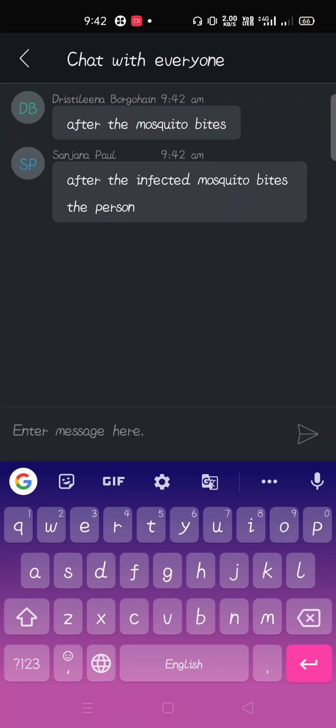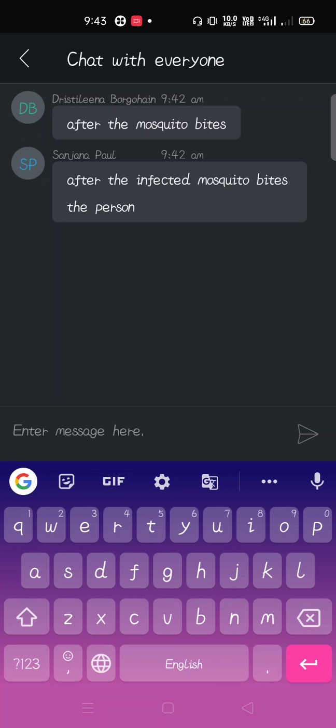Okay, let me simplify the question. At what organ of the mosquito should the sporozoite be present to be transmitted into the human host? What should be the site for the sporozoites to get transmitted into the human host?